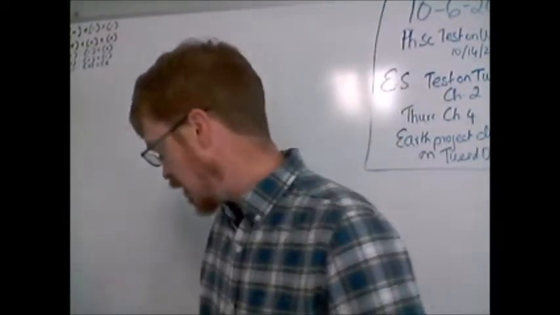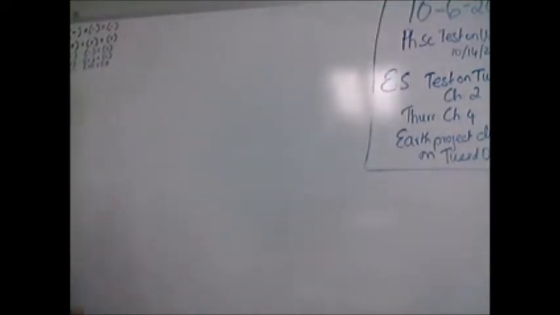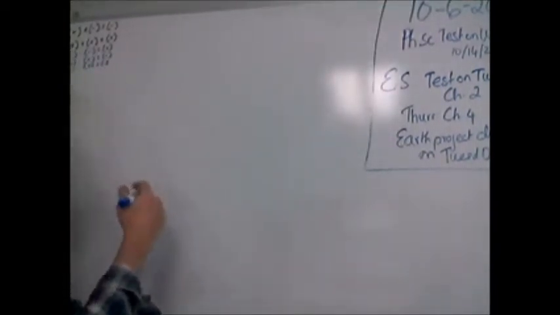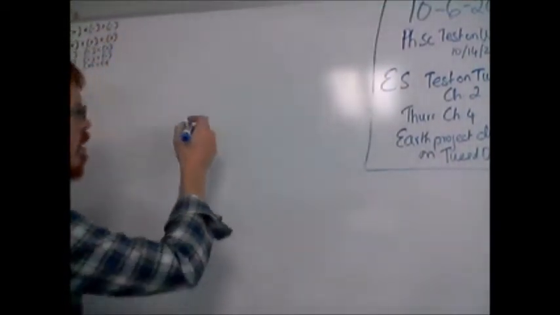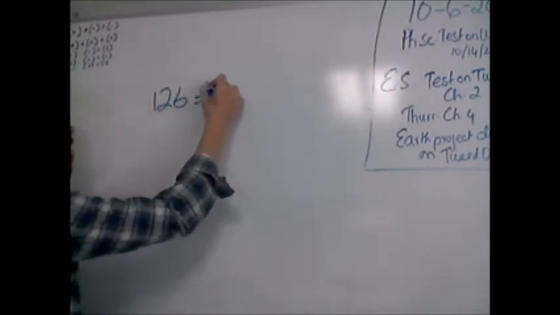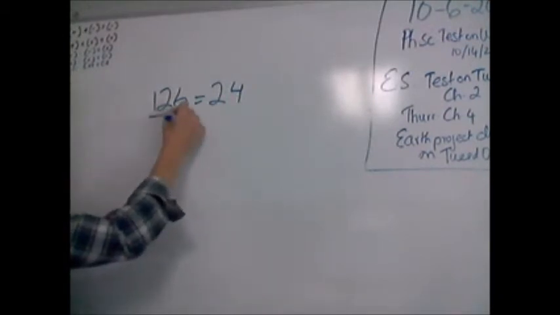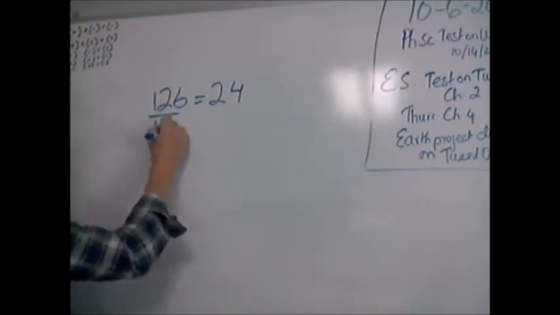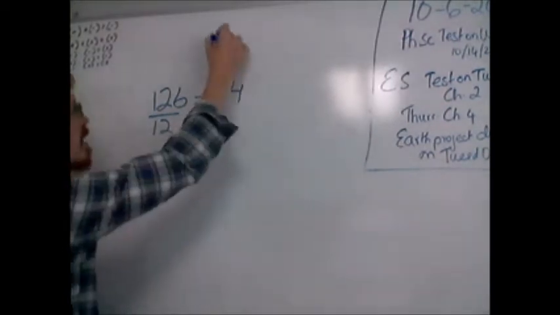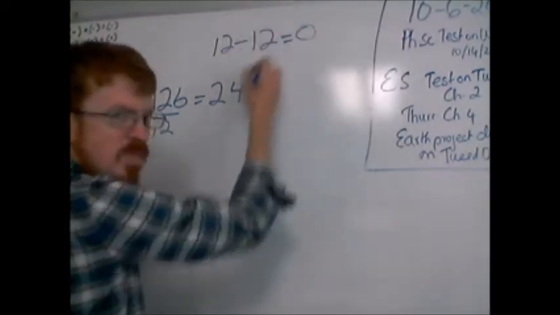Now, a couple of things I want you guys to be aware of. Some of you were doing this on the homework from the other day, where you were saying that if the equation was 12b equals 24, and then you go through and this is being multiplied, so you divide it by 12, and you were saying that 12 divided by 12 equals 0.